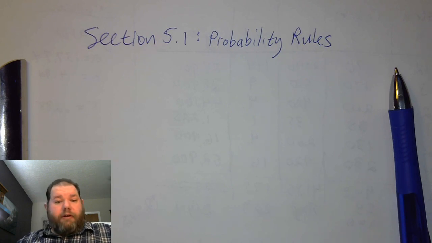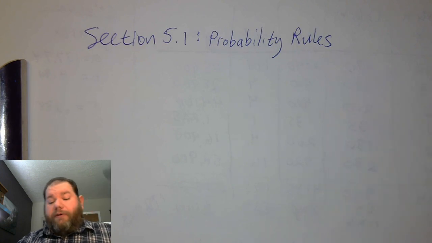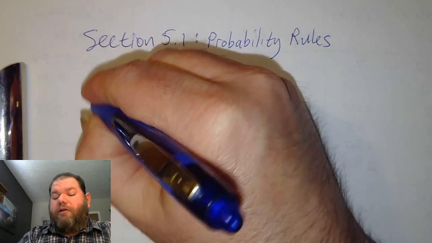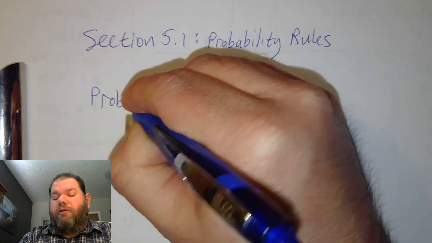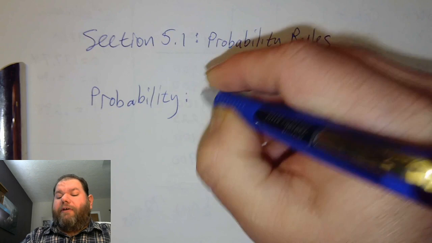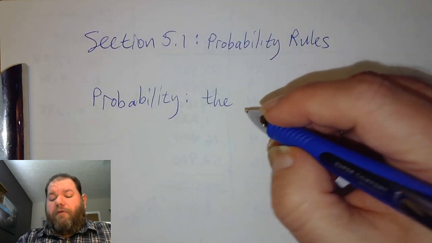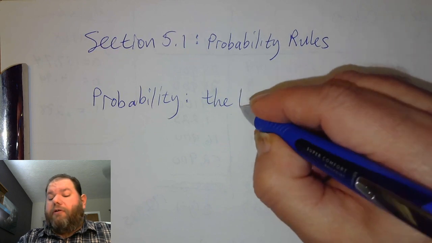So we start off again with definitions, as we tend to always do. Probability is the likelihood of a random event occurring.